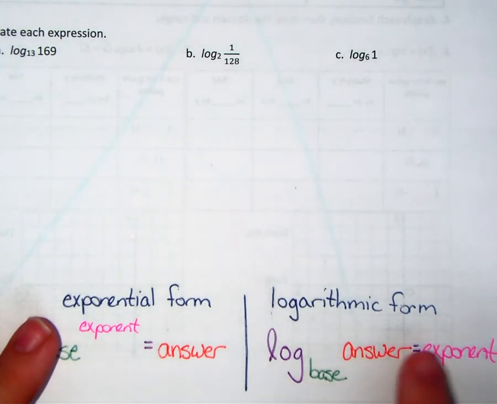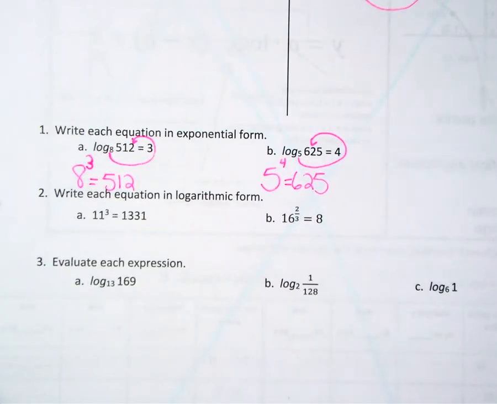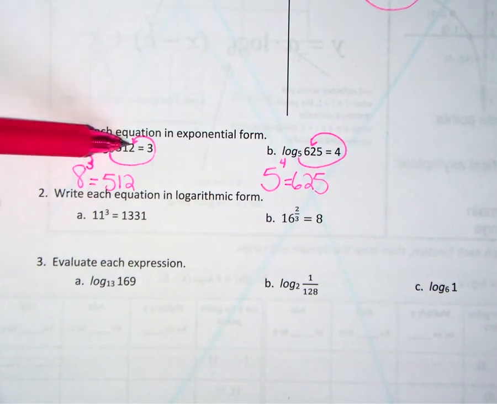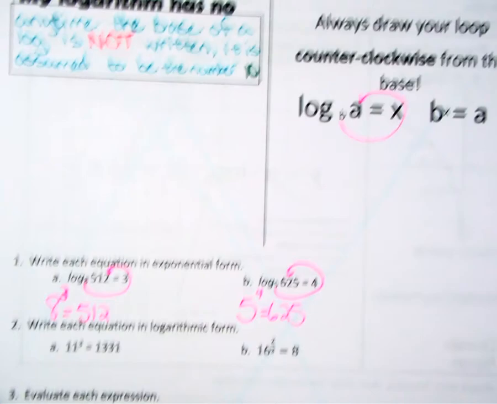There's the base, there's the answer and the exponent, and it's even color-coded to what it would look like in exponential. Or you can be asking yourself the question on the other side. What exponent do I need to get from a base of this to get to 512? We rewrote that in that form on the other side. And how the loop would work.